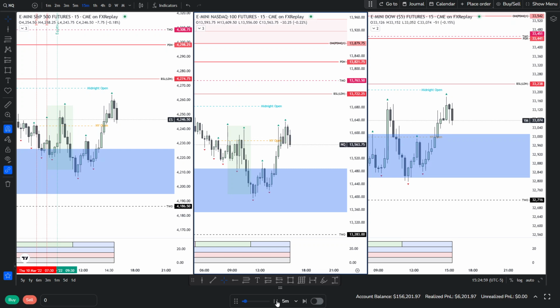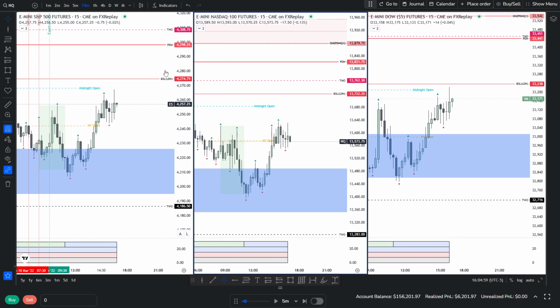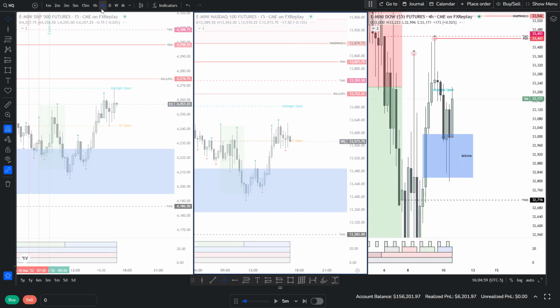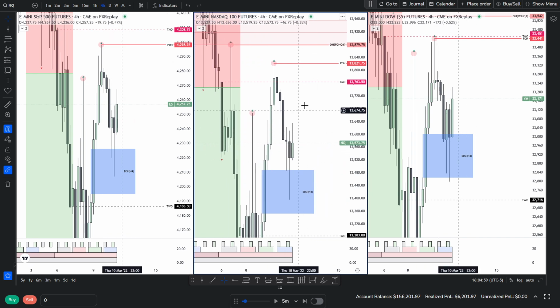So now we're going higher. It appears as though targeting the previous day's high. Just going to venture back out to the 4 hour. Just want to take a look.